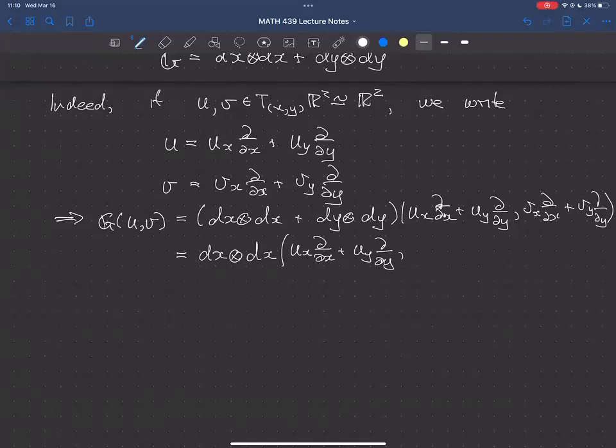I'm sorry if I'm belaboring this, but I just want to make sure that we all understand how to do these fairly simple computations. Plus dy tensor dy applied to the same thing.